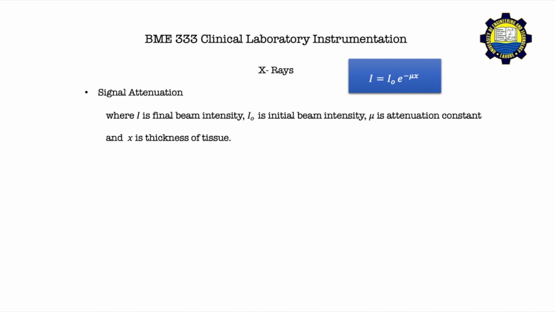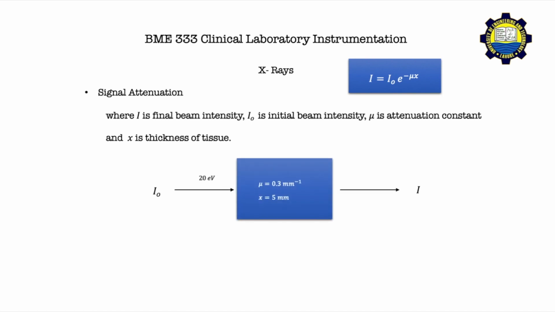So it follows this arrangement. What I've done here is I've set up a problem where incident beam intensity, we're going to take it in electron volts, is 20 electron volts. The attenuation coefficient of this medium is 0.3 millimeter inverse, and the thickness is 5 millimeter. Notice that in the power exponential, the millimeters, the distance units, are going to get cancelled out.